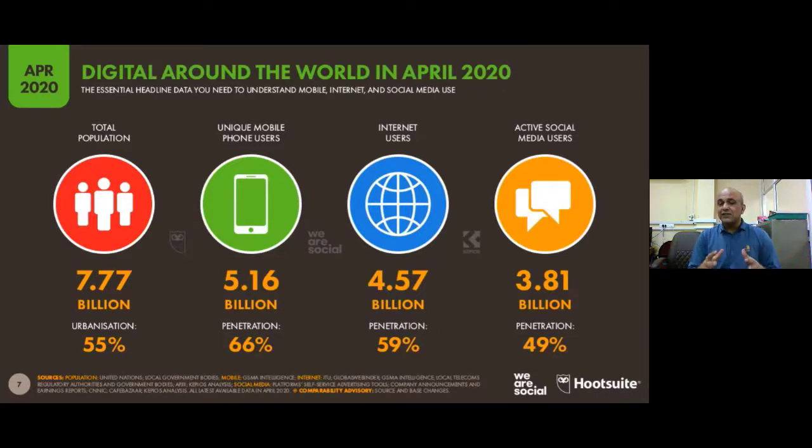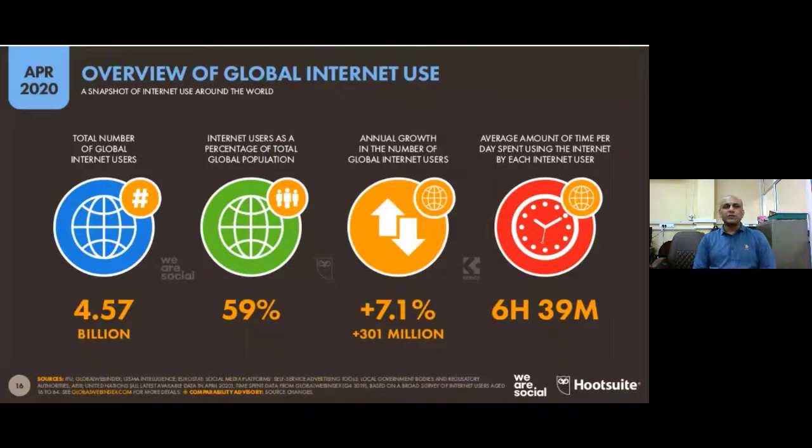You can imagine the kind of participation that we see, particularly in social media and social networking tools. Here is another very interesting statistic, again as current as April 2020. Of 4.57 billion, you see this 59% of the world population is using the internet.